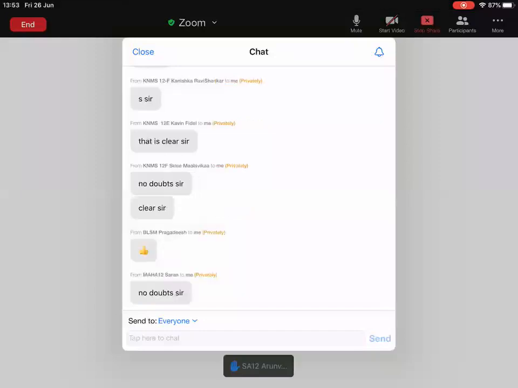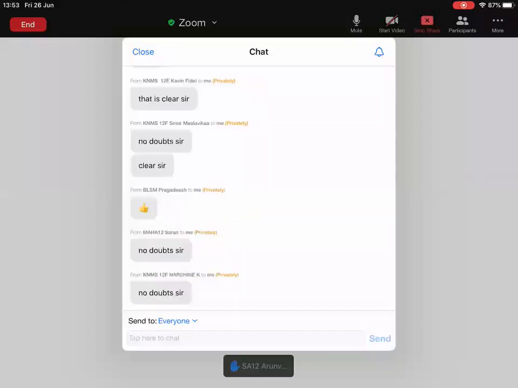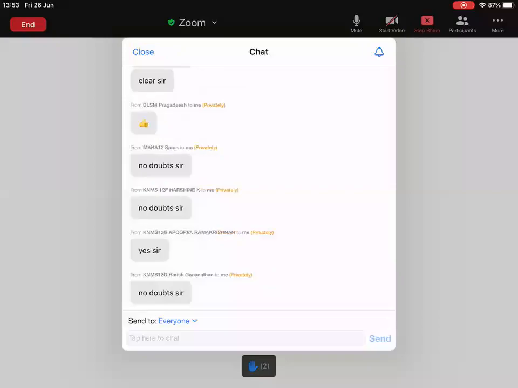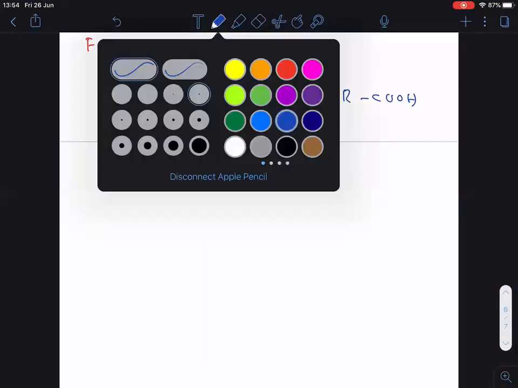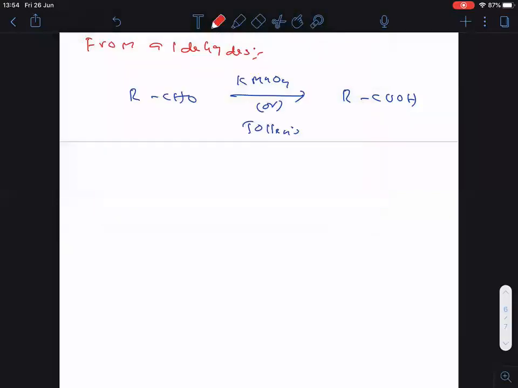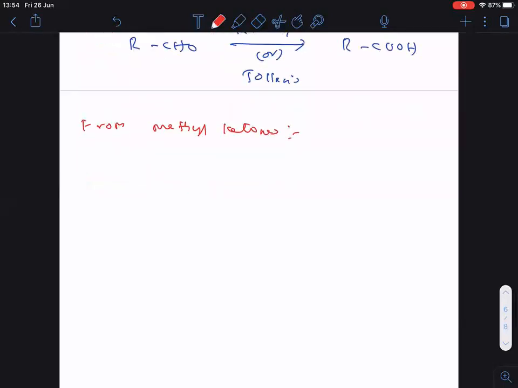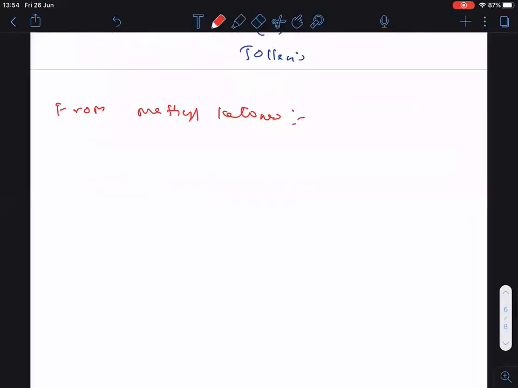Completed everyone? Right. Let us go to the next preparation method. Okay. So the next preparation method is from methyl ketones.